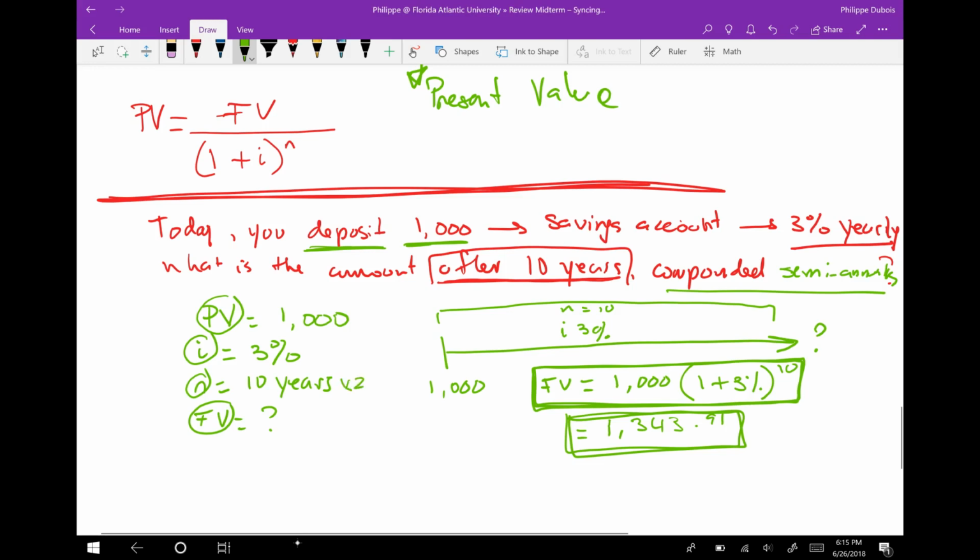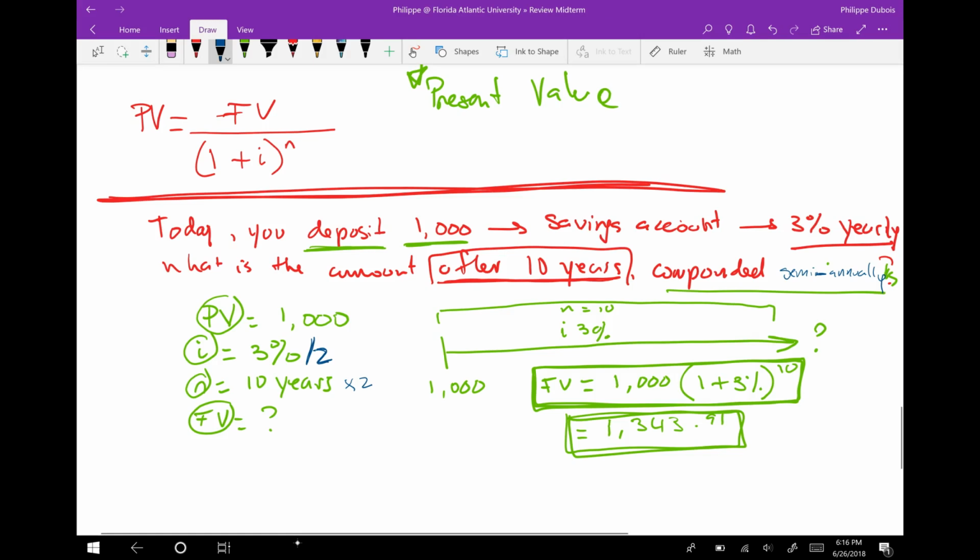Let's use another color for that to make sure that you see the nuance. I'll write semi-annually in a different color. A couple things will happen. Number one, my N will double because I'm getting paid twice a year, and my interest will be cut in half because I'm getting 3% yearly but paid semi-annually.